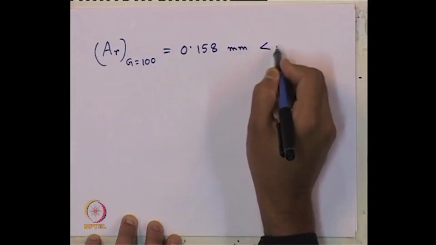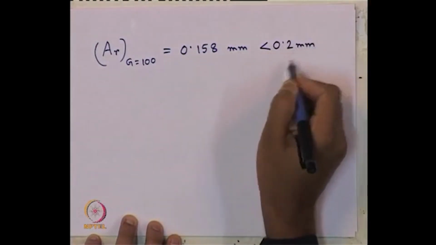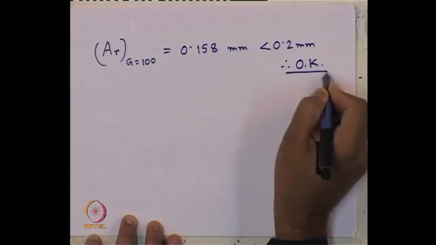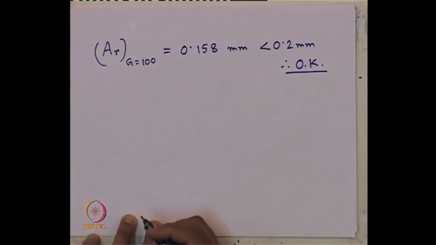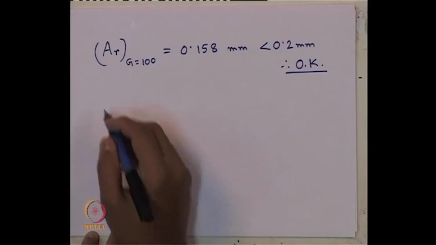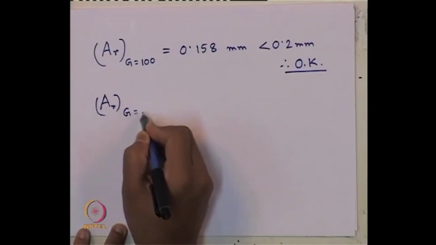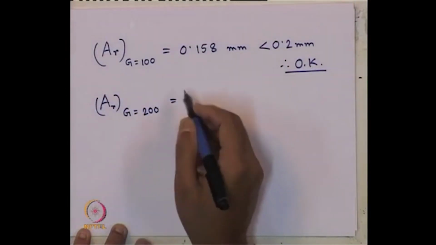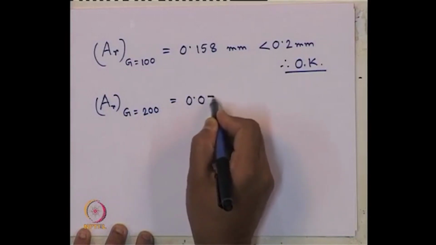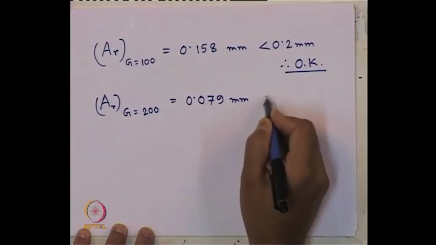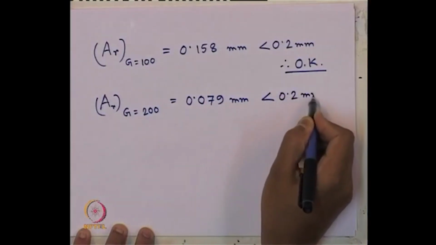So, it is pretty simple to calculate these things directly. Here it is less than 0.2 mm. Therefore, for second type of soil it is still okay. If it goes close to resonance condition also, still the displacement amplitude at resonance is below our permissible limit. And AR for G equals to 200, that will be again half of this, 0.079 millimeter, which is less than 0.2 mm.